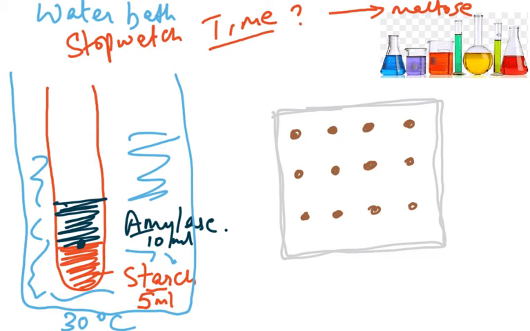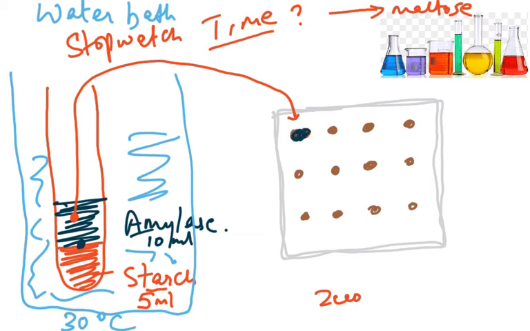As soon as we mix this, we take a drop from here and mix it with the iodine on the tile. This first one was at 0 seconds, as soon as we mixed it, and we see that the color is black.